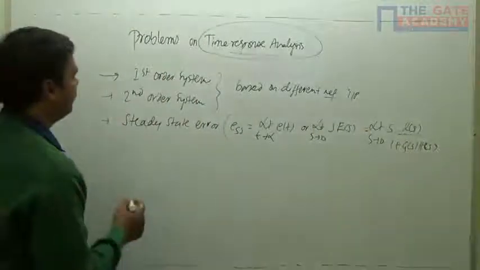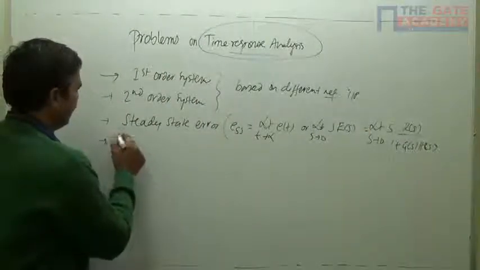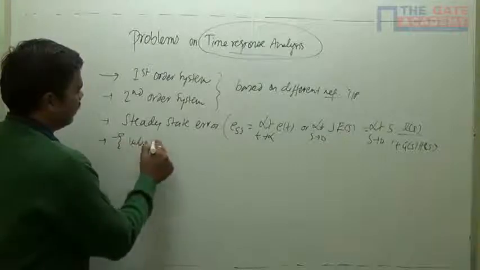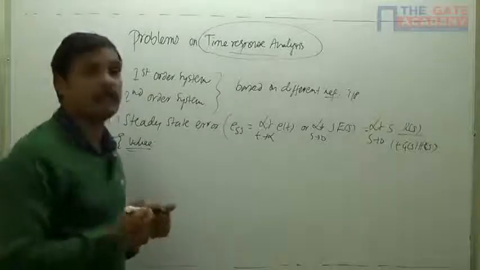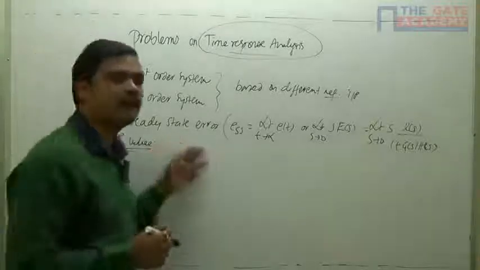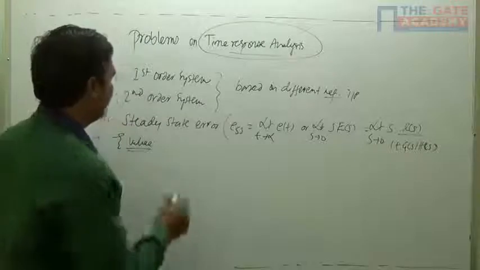Then, based on the zeta value, the damping ratio, we categorized the different systems: underdamped, undamped, overdamped, and critically damped.